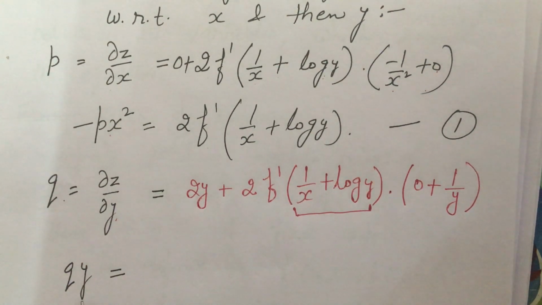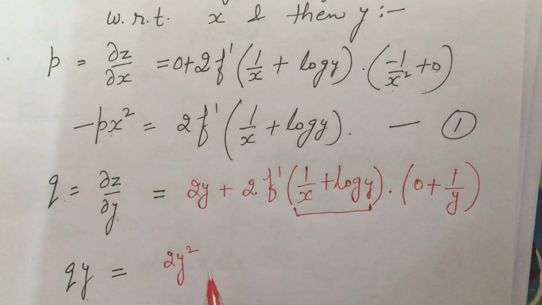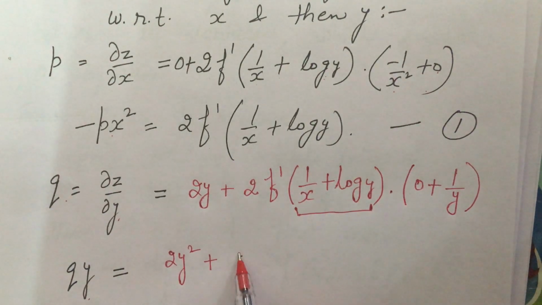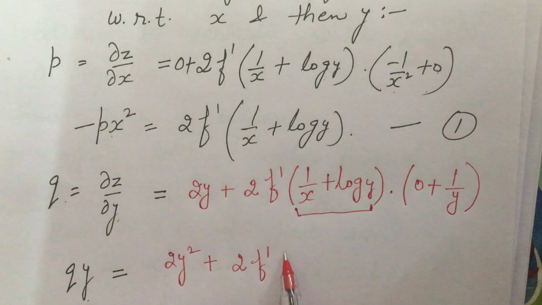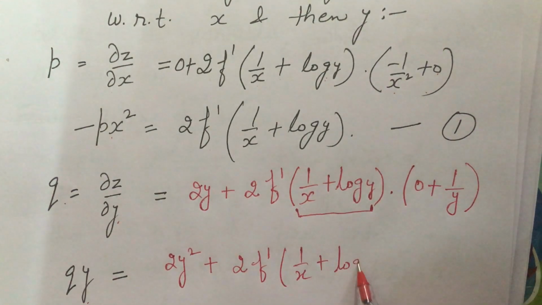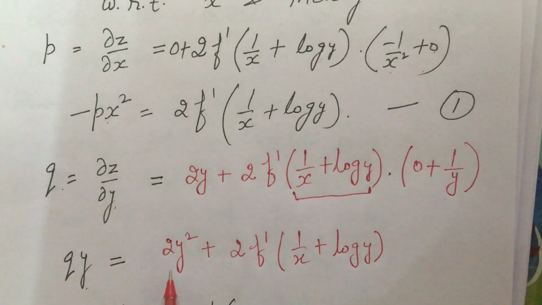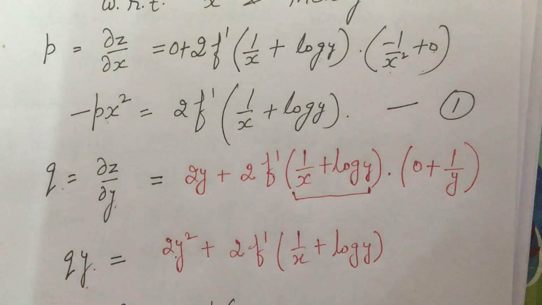You will get q into y equal to 2 into y square plus 2 into f dash of (1 by x plus log of y). Now change this term to the left hand side.